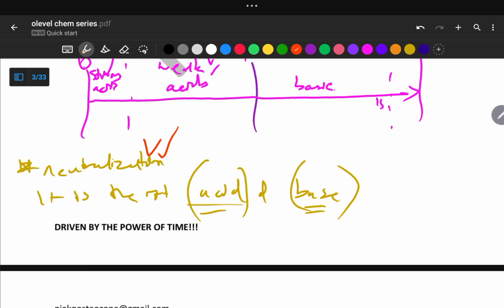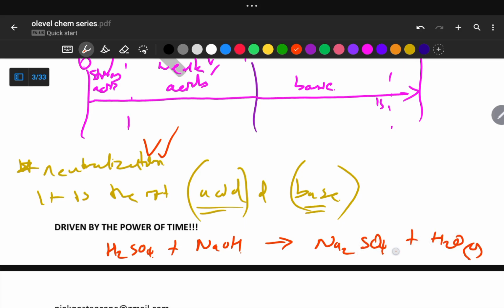Are we together, guys? So we have sulfuric acid reacting with sodium hydroxide to give sodium sulfate plus water. This one is the liquid, then this one is aqueous, this one aqueous, and this one also aqueous. Are we together?